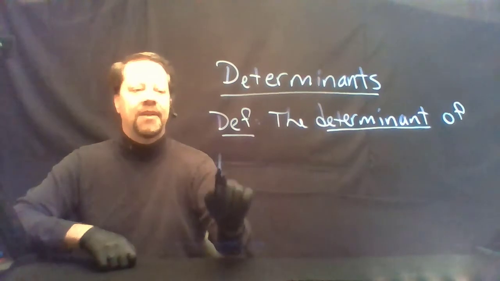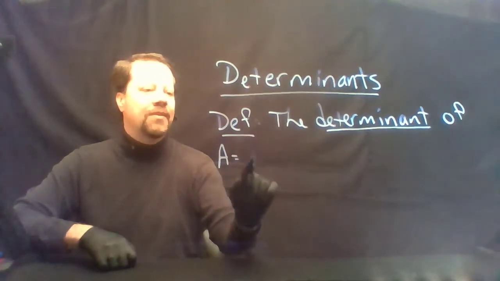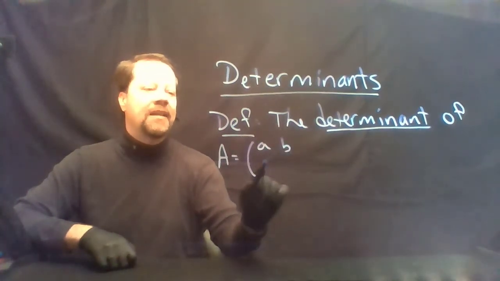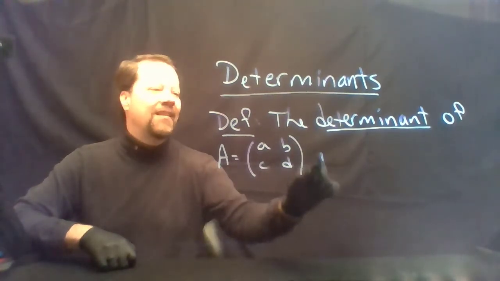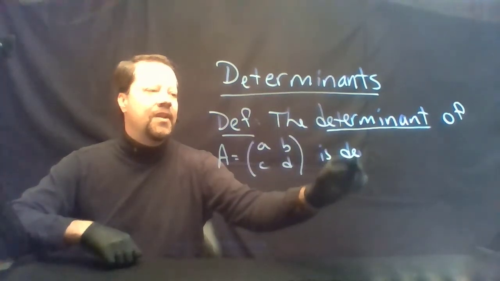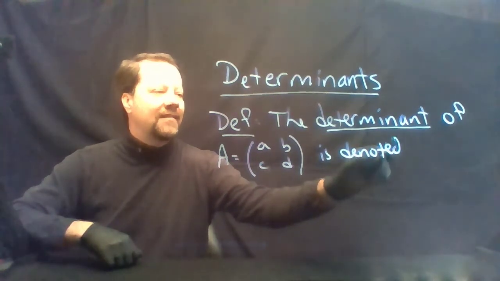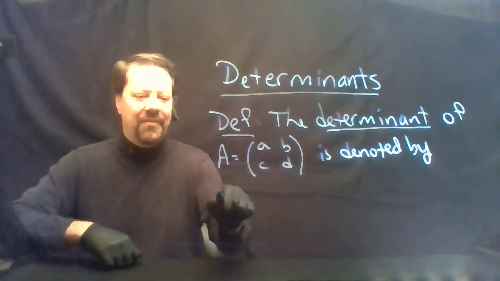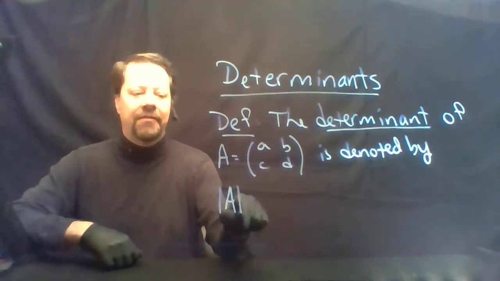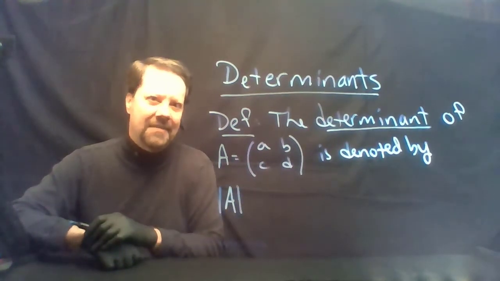of some matrix A equals [a, b; c, d], a generic 2 by 2, is denoted by, now there are a couple different notations. One is flat bars on the sides.